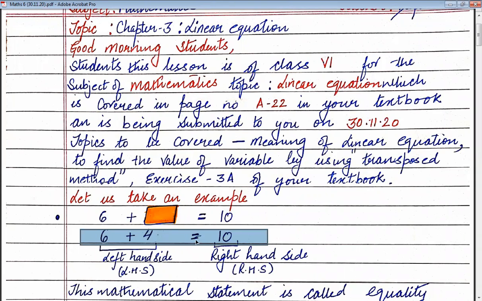Now children, this is a mathematical statement and these two sides are equal, that is 6 plus 4 is equal to 10.